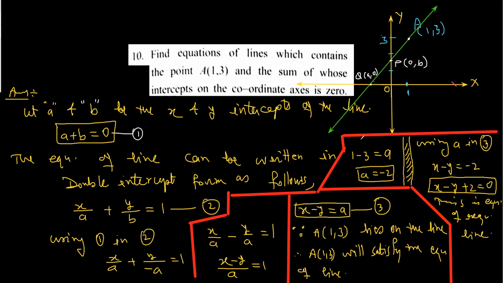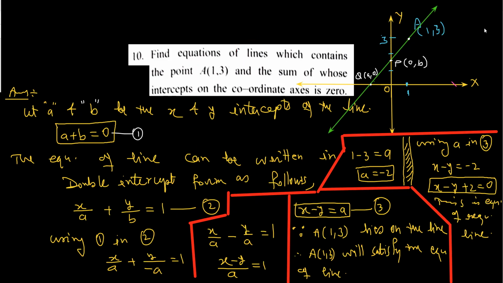Okay, we are getting just one line here. I don't know why they have written lines, because we are getting just one line. There are not two lines.